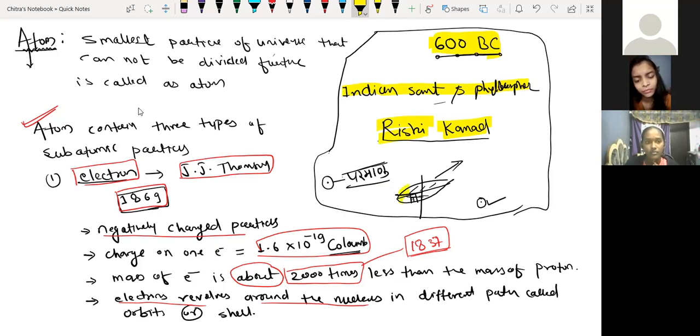He took that leaf in his hand and broke it into two parts. Again, he broke that half piece into two parts, again and again, until he reached a state where that particle could not be divided further.